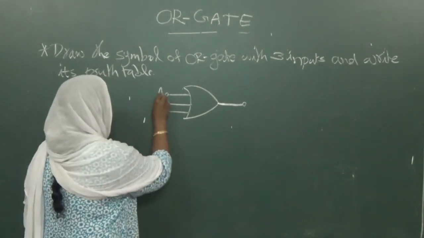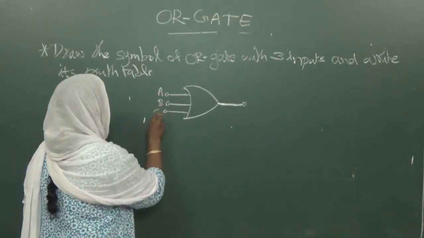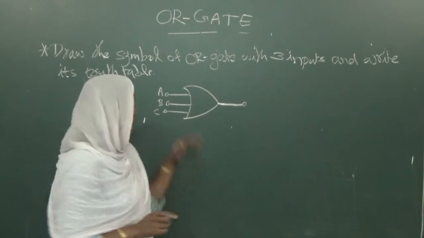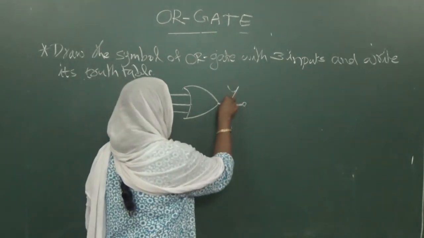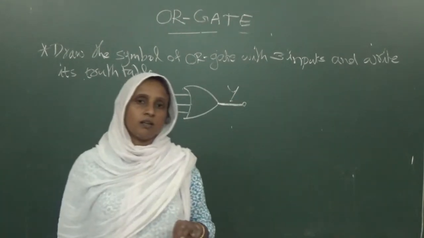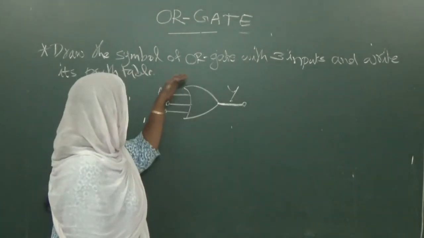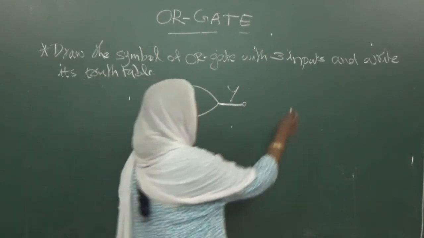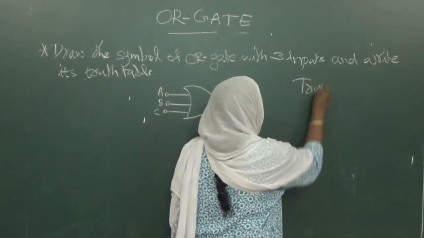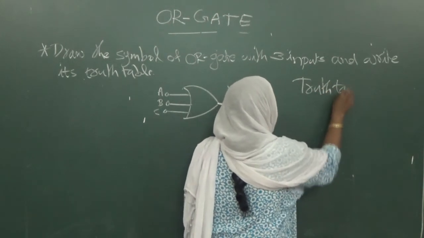Now A, B and C. A, B, C represent the three inputs of the OR gate, and it has only one output. Since it is told that this represents an OR gate, our truth table should also be like that. So I am writing here the truth table. Okay.